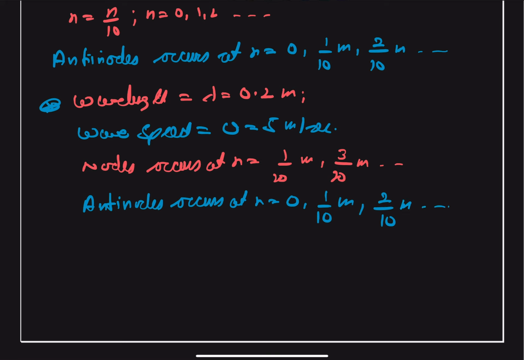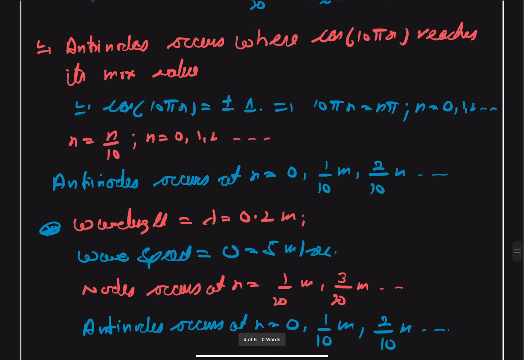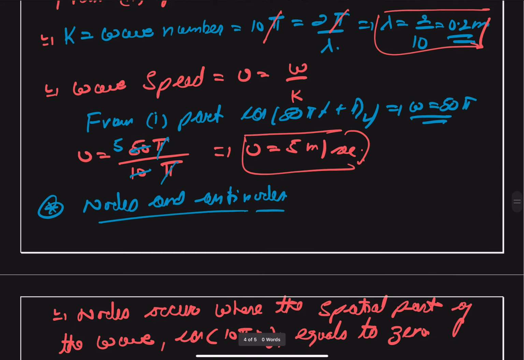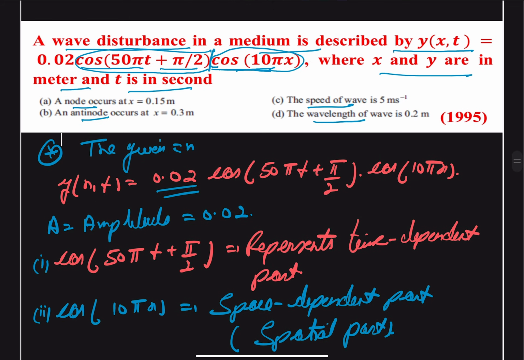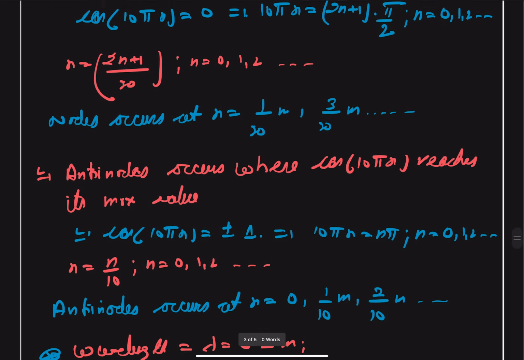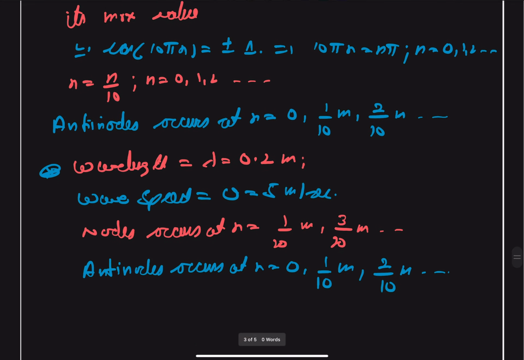So if you check the options that are available to us, we have wavelength of 0.2, which is correct. Wave speed is of 5 meter per second. This is also correct. And node and antinode, it is given in decimal form. Let's convert it into the required decimal form.